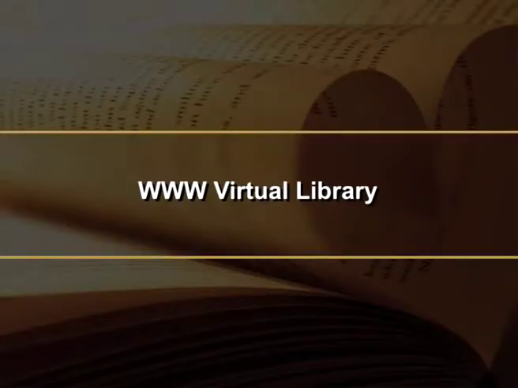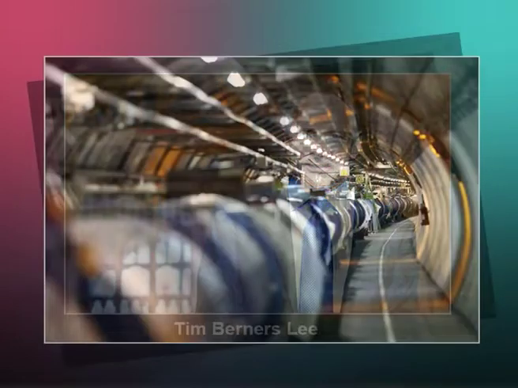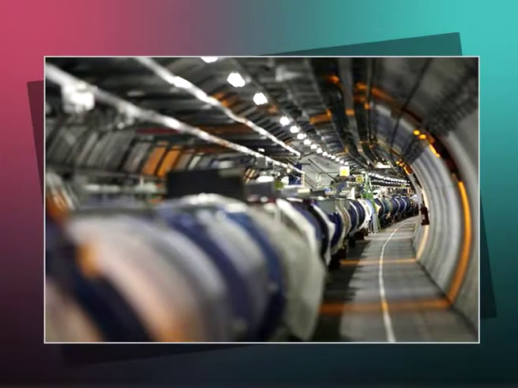WWW Virtual Library. The World Wide Web Virtual Library was the first index of content on the web and still operates as a directory of e-texts and information sources on the web. It was started by Tim Berners-Lee, the creator of HTML and the World Wide Web itself, in 1991 at CERN in Geneva.